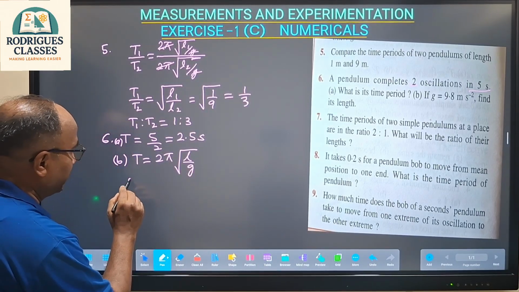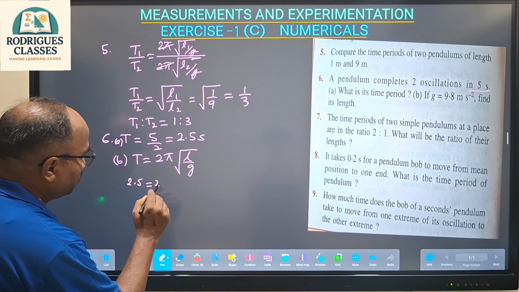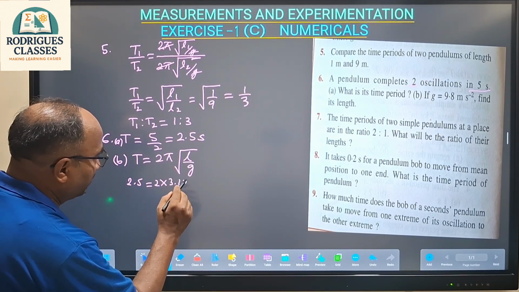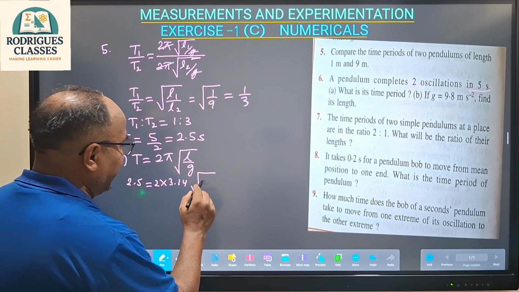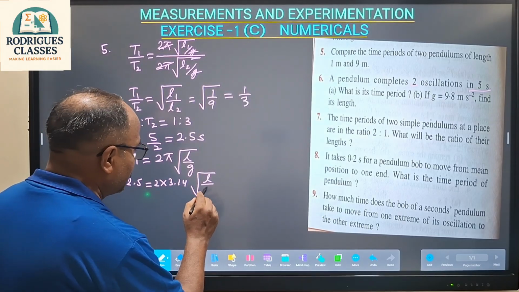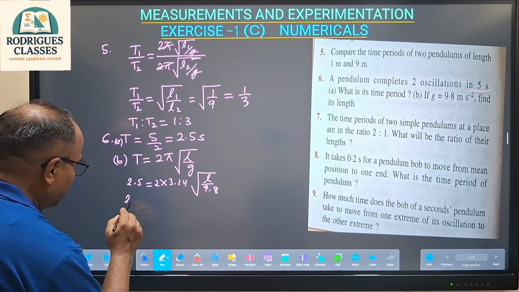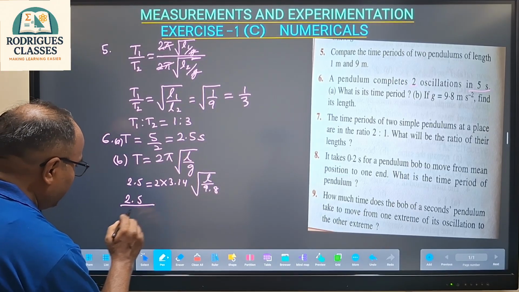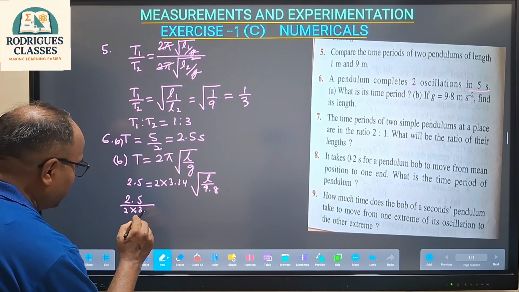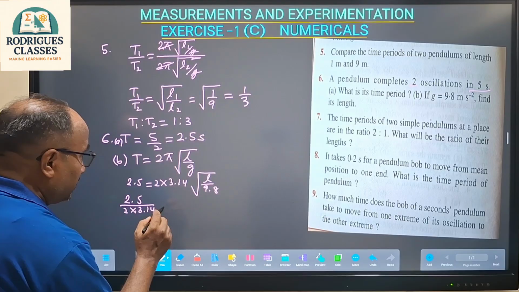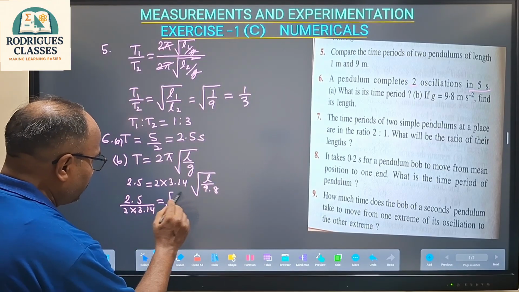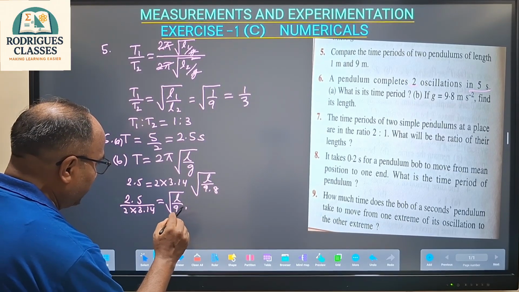So here we will be writing 2.5, 2 into 3.14, root over length we have to find, and g is told as 9.8. So this number will come here, 2.5 divided by 2 into 3.14. Then it is root of L by 9.8.